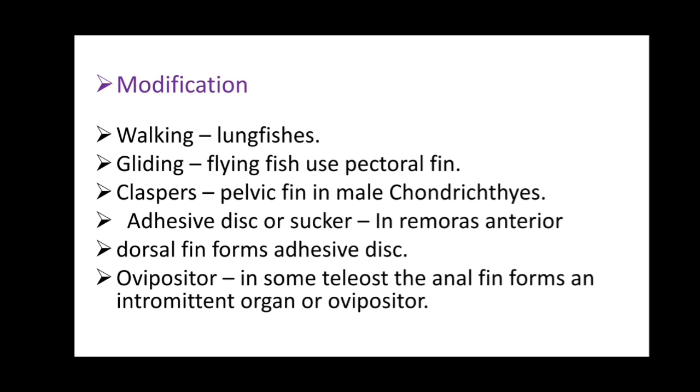In some teleost fishes, the anal fin forms an intromittent organ or ovipositor. The ovipositor is the paired genital organ of the female reproductive tract, present in teleost fishes, where the female's anal fin is modified into an ovipositor.